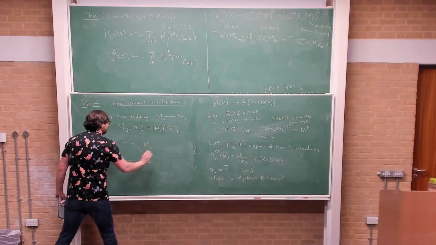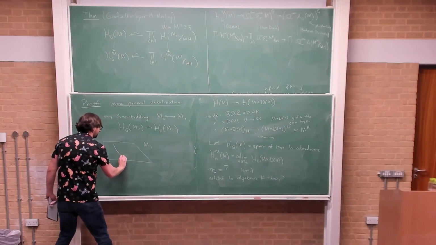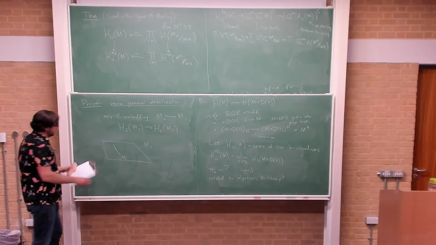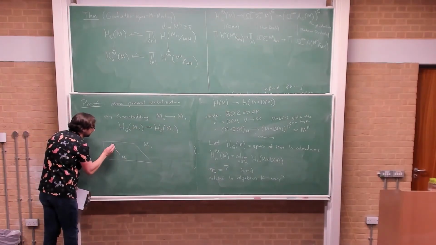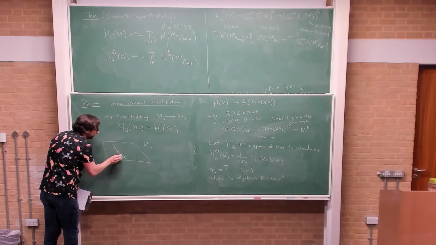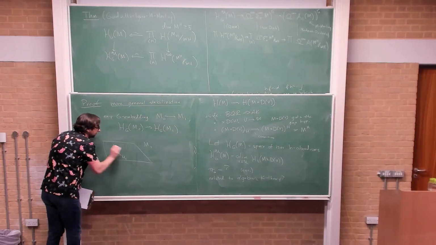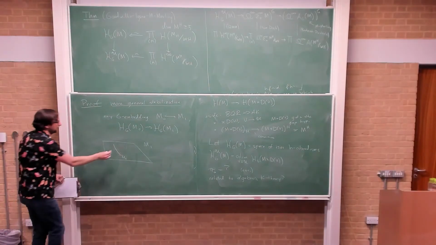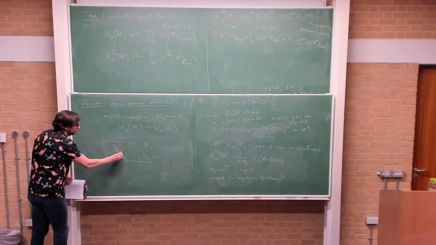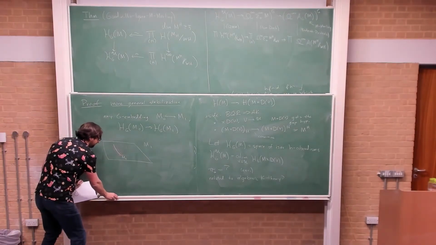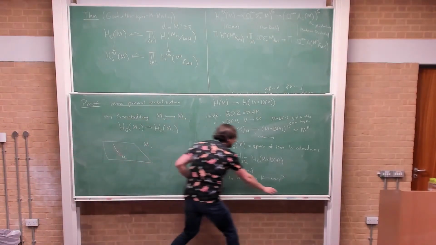Okay, so I'll just draw a picture. Here's M1. Here's my embedded copy of M0. This is a smooth embedding, so it has a tubular neighborhood that looks like the unit disk bundle of the normal bundle of the embedding.